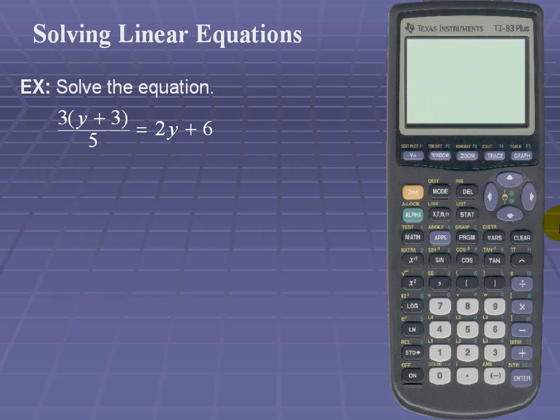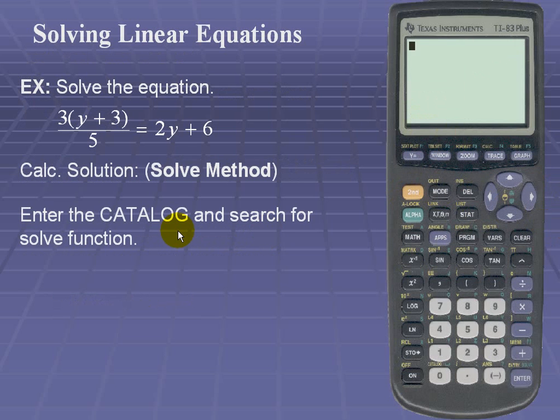Next, we'll take a look at the solve method. So we should enter the catalog and search for the solve function. Notice that the catalog is above 0 and it's yellow, so it's a second function, so it's second and 0. From this point, I can do one of two things.